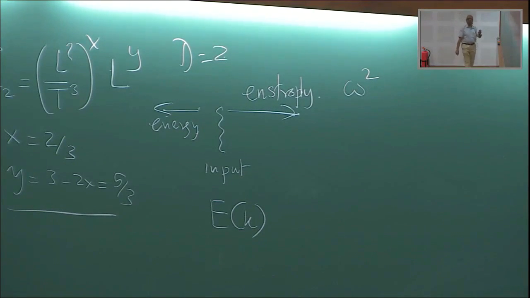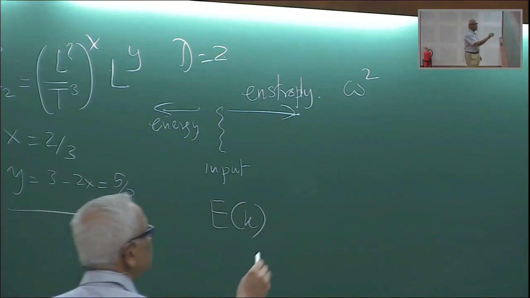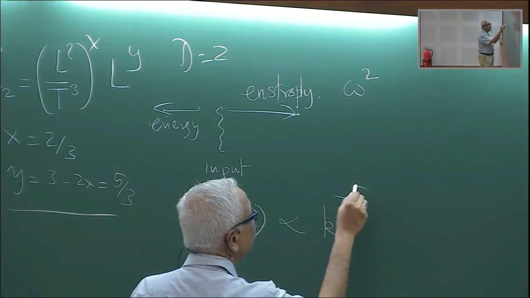So for this backward energy cascade, E(k) is determined entirely by the energy flux, which is epsilon, and k. So what should be the k dependence of the energy spectrum E(k)? k to the power minus 5/3, right.